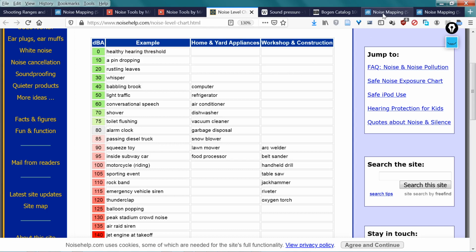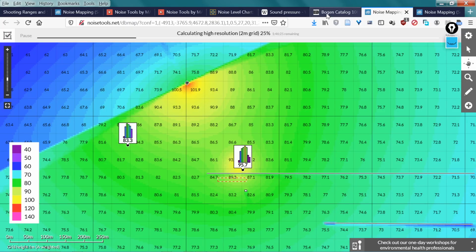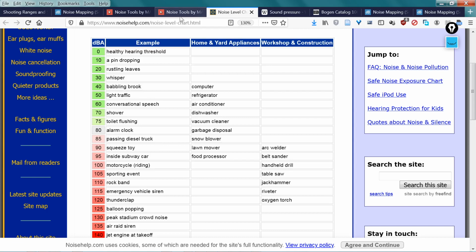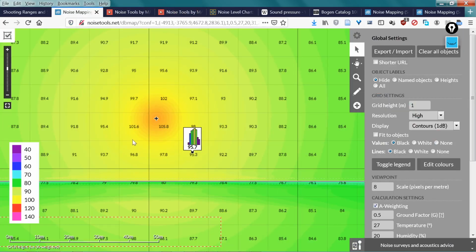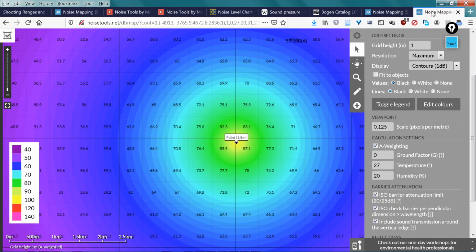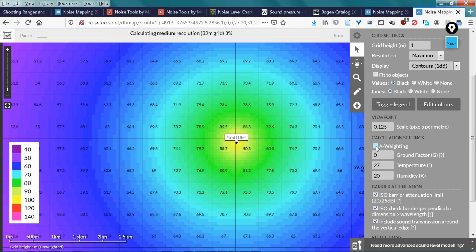So if we go back over here to, where was this one? Oh, no. There we are. No, that's not either. Here's where we were. Okay. So on this, we have a muzzle sound at 1.5 meters above the ground, and we have a highly reflective surface. But let's go back out to no A weighting.